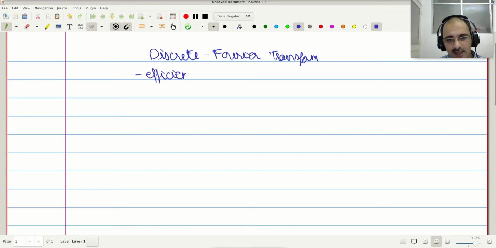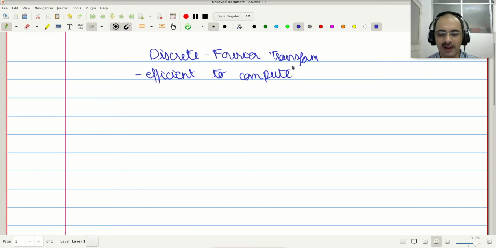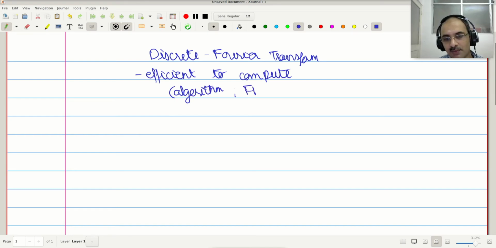The problem with the DTFT is that it is defined for all values of omega, and you can't compute it for all values of omega on a computer. But the DFT is efficient to compute, as we will see, and the algorithm used to compute the DFT is called the fast Fourier transform, FFT.